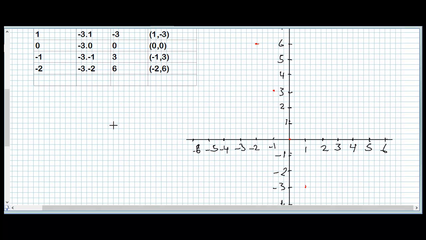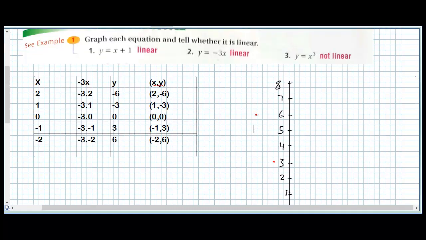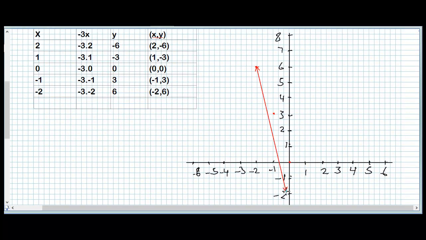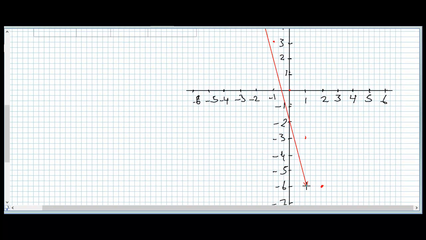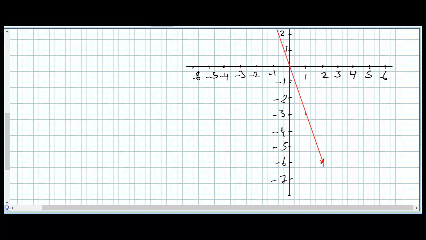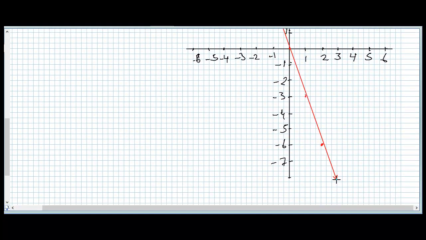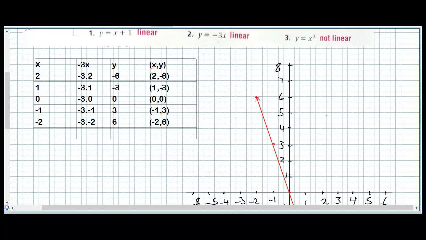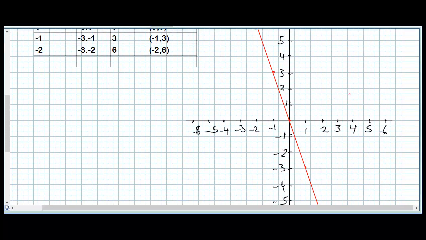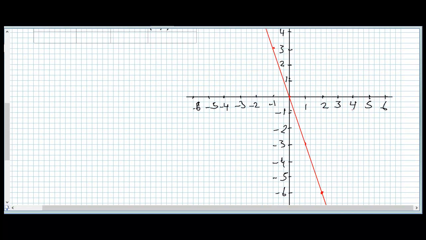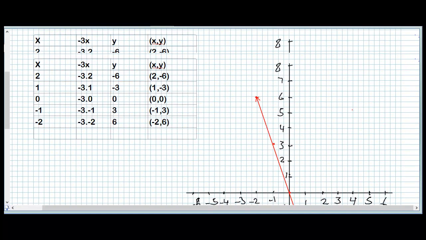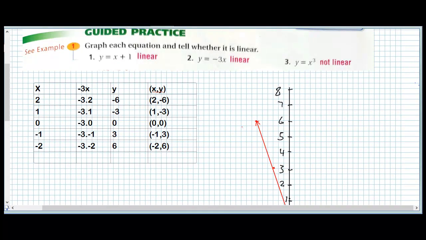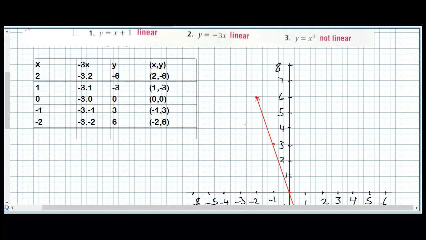Okay, then I will draw a line. We need a line segment, not a line. So this is our graph for the equation. Now, is this equation linear or non-linear? It's a linear equation because it gives us a straight line.